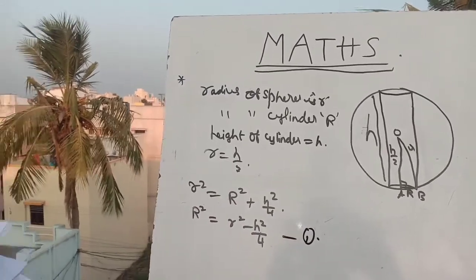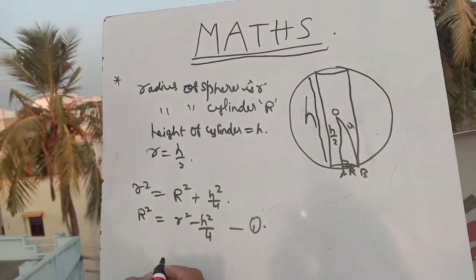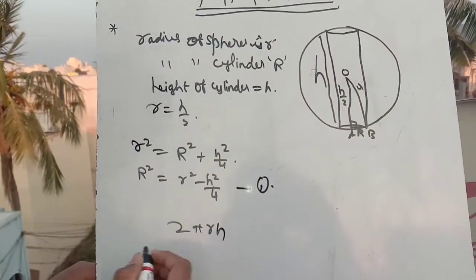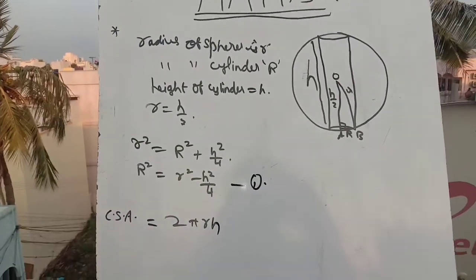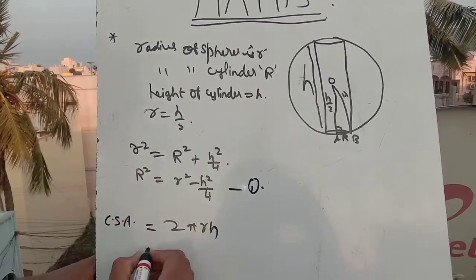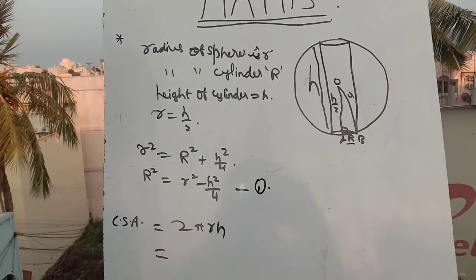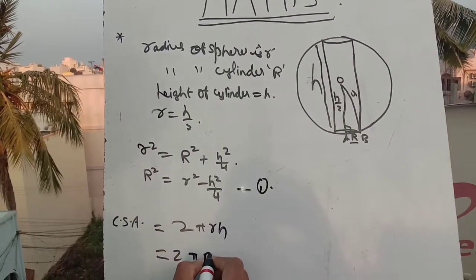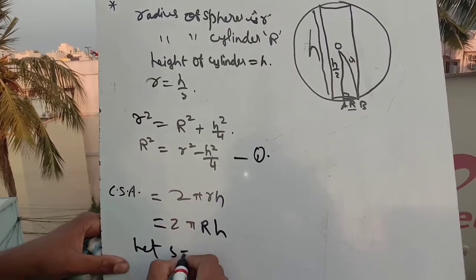Now the curved surface area of a right circular cylinder is 2 pi rh. The radius of the cylinder is capital R, so CSA is equal to 2 pi capital R h. Let S be equal to 2 pi capital R h.